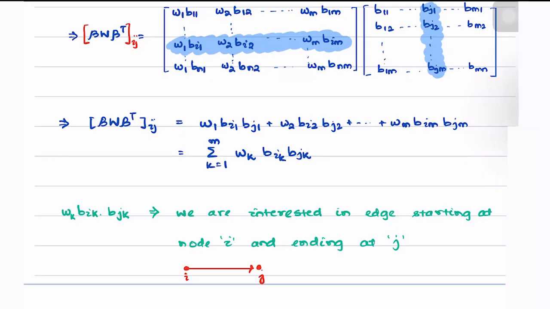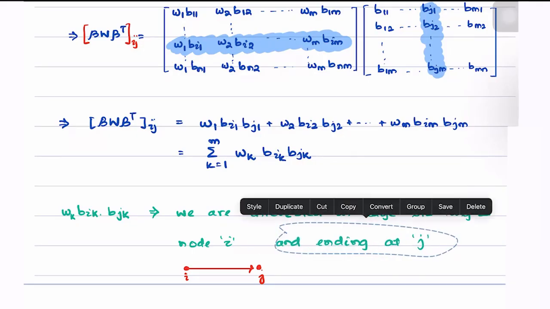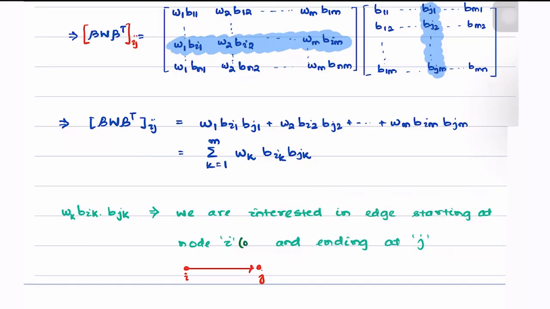It could very well have started at J and ended at I, which would give us a different form.